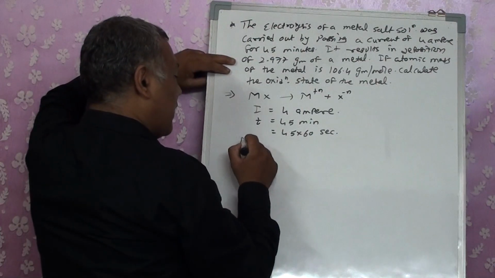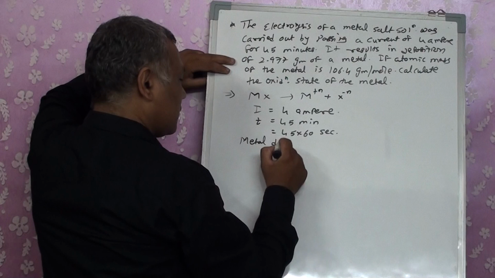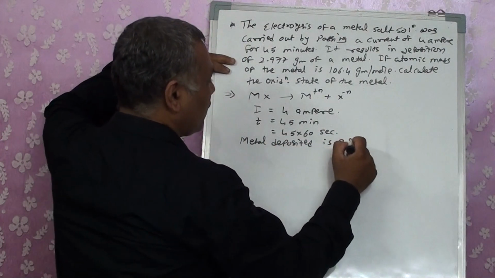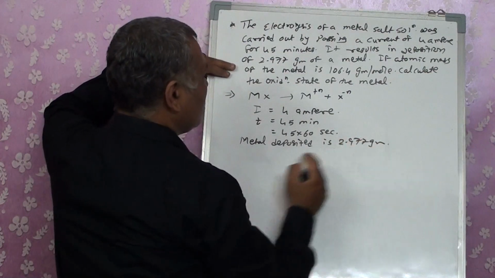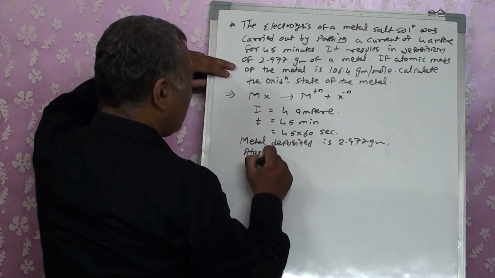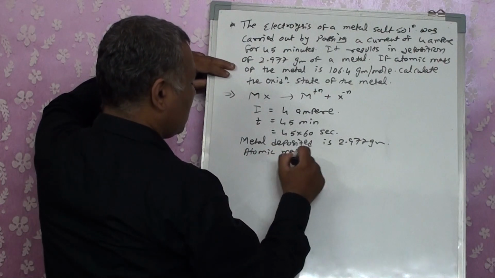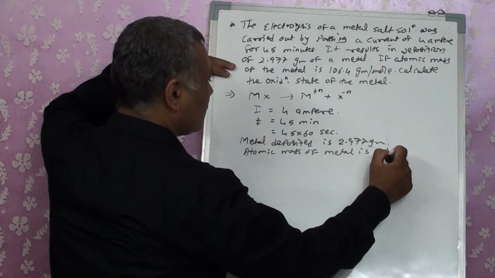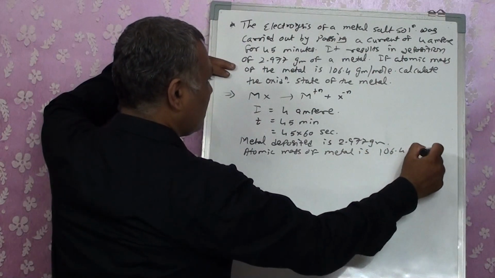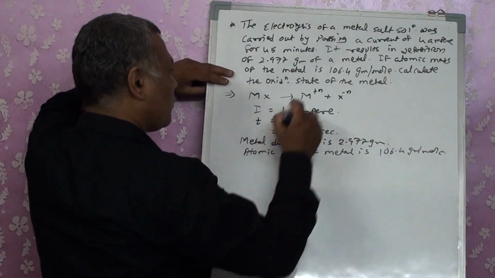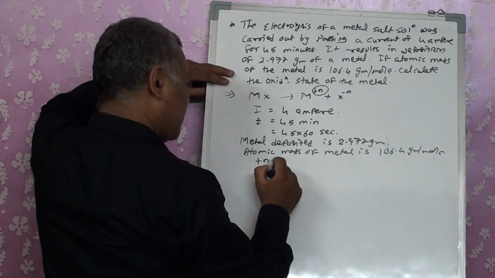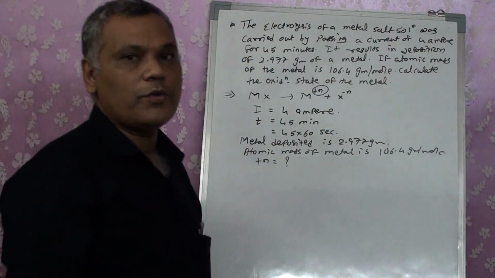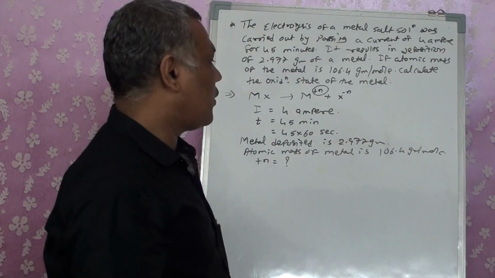The amount of metal deposited is 2.977 grams, and the atomic mass of the metal is 106.4 gram per mole. So the question asked is, what is +n? What is the oxidation state of that metal? I want to calculate n.